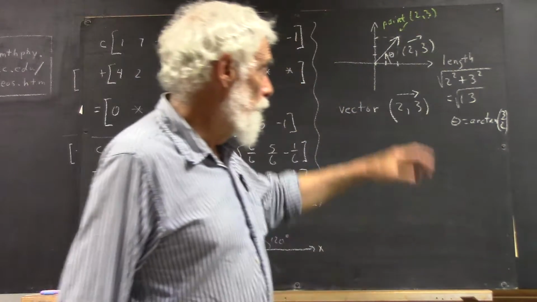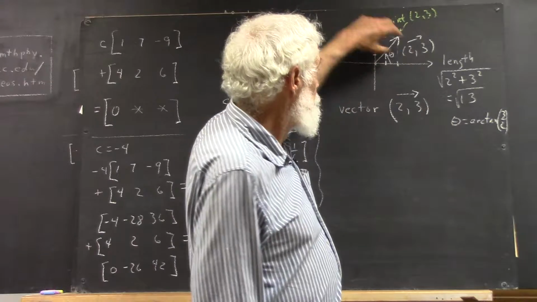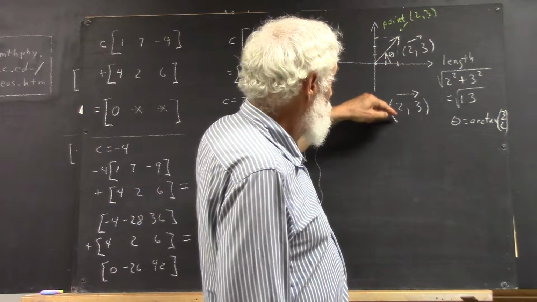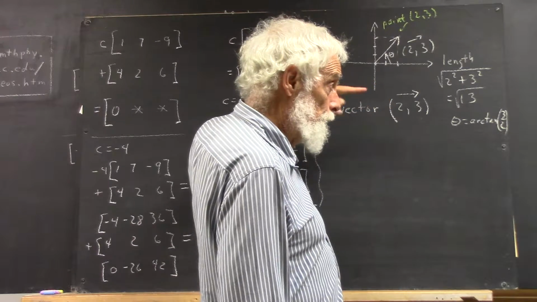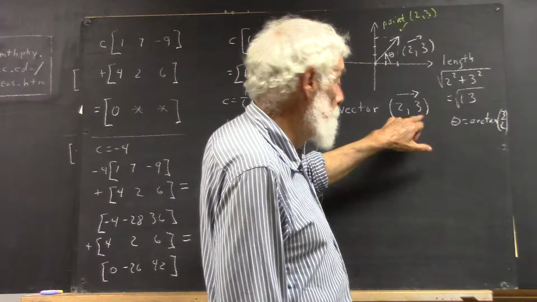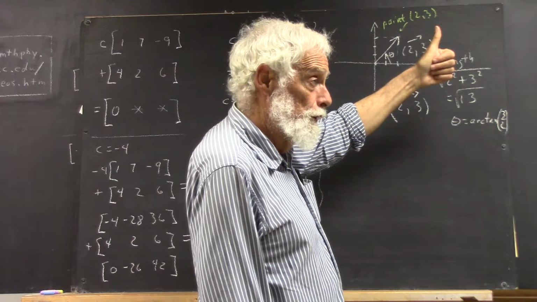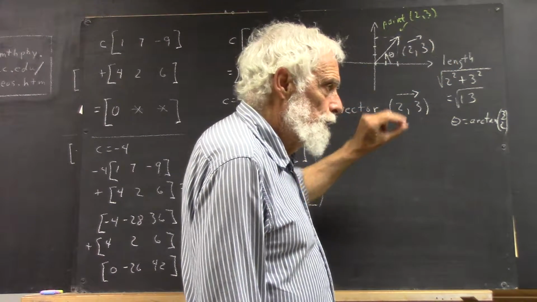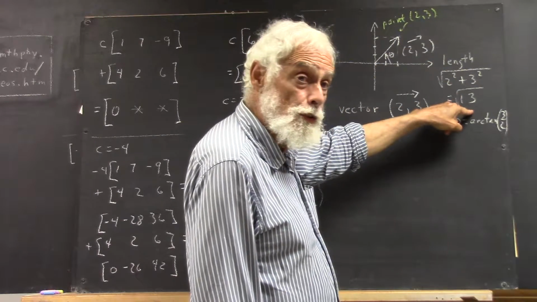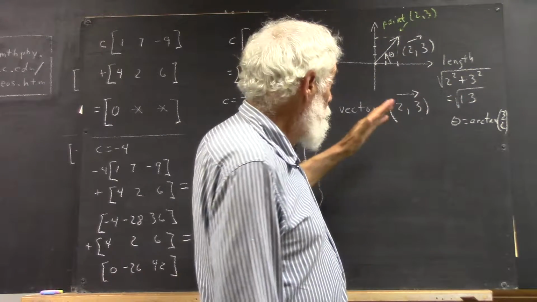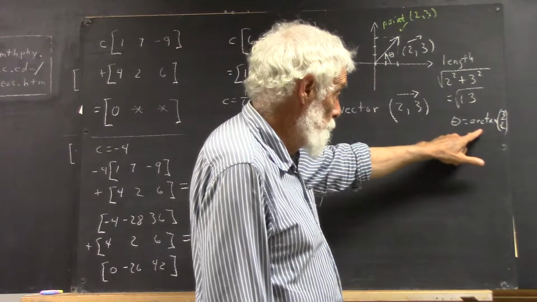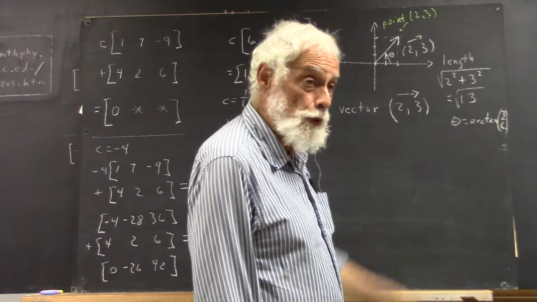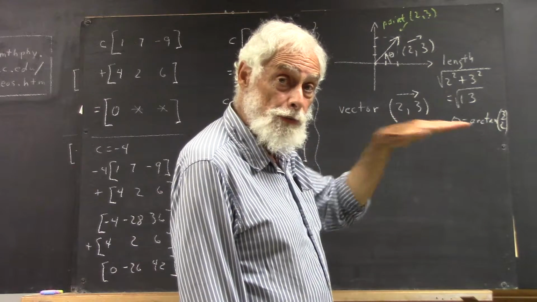And there's a little more to the angle and the length, but you get the idea: if we know the coordinates of the vector, you think of this 2 as being a displacement of 2 units in the x direction, 3 as being a displacement of 3 units in the y direction. Anytime you do that, from where you start to where you end, the distance is the square root of 13, and a line from the starting point to the end point will be at an angle, arctangent of 3/2, relative to the positive x direction.